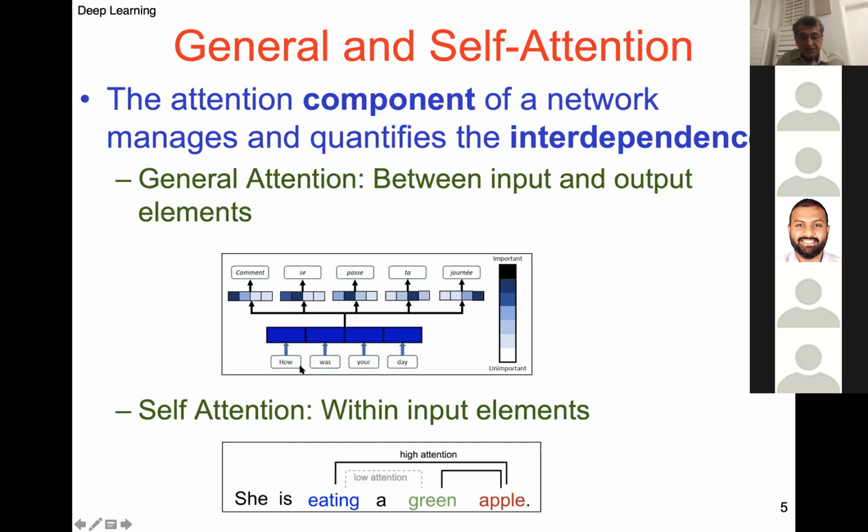So if we are doing machine translation, the input was, how was your day? And in French, it is comment s'est passée ta journée, right? And this is saying the relative importance for each of these outputs. The first word was most important, second less, and the last two were least for this generation of this word here.